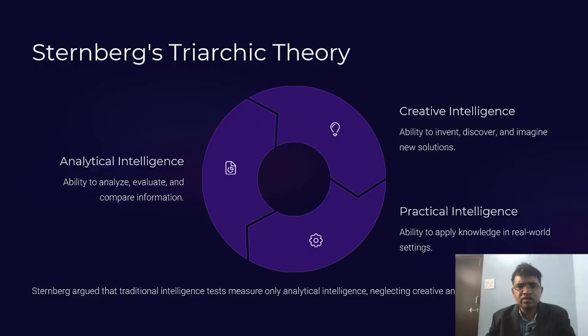What is creative intelligence? The ability to invent, discover and imagine new solutions. Then what is practical intelligence? The ability to apply knowledge in real-world settings. Sternberg argued that traditional intelligence tests measure only analytical intelligence, neglecting creative and practical abilities.